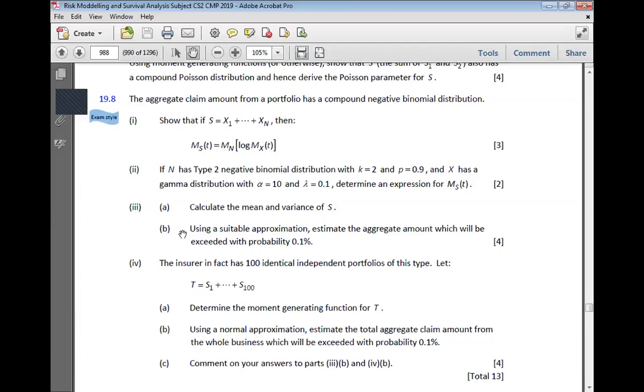So now what do we have? In class, remember we looked at sums of compound Poisson distributions. Similarly, here we have a compound negative binomial distribution and we are looking at sums of those. But there is one difference. Here they are saying that the insurer in fact has 100 identical and independent portfolios.